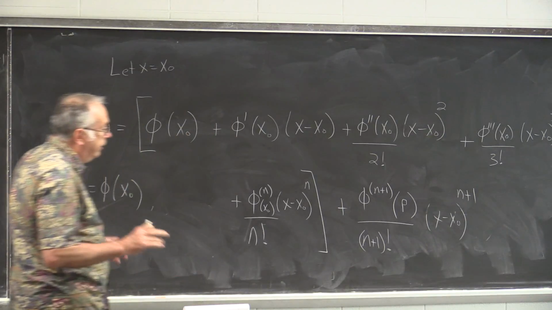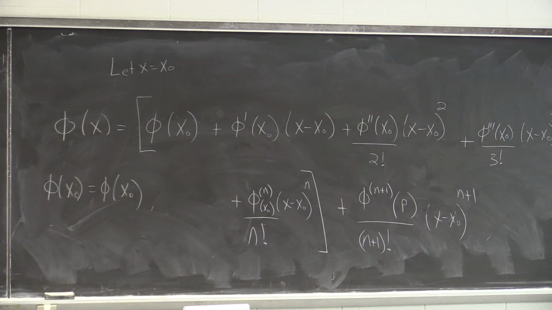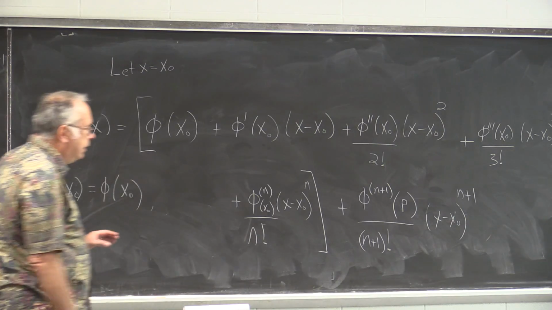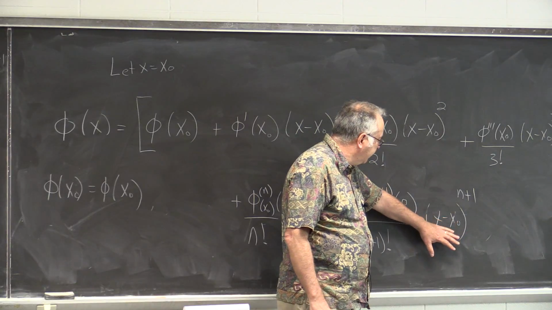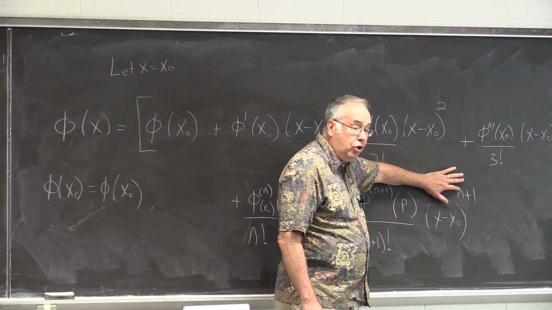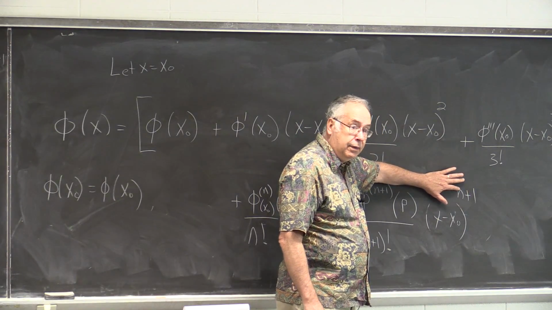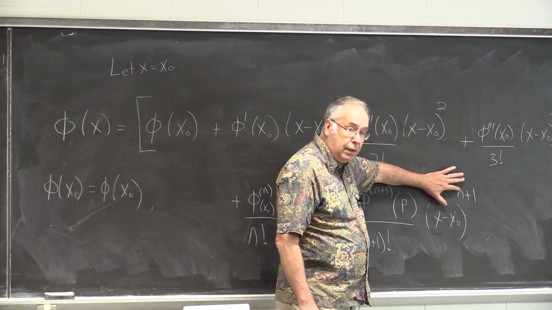On the other hand, if x is very far away from x of 0, then this term right here, x minus x of 0 to the n plus 1 power, could be quite large. So possibly could cause problems.